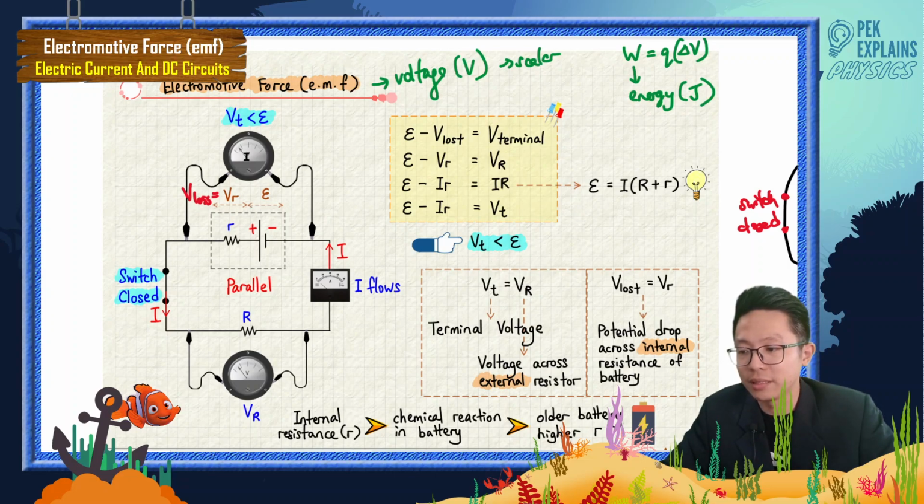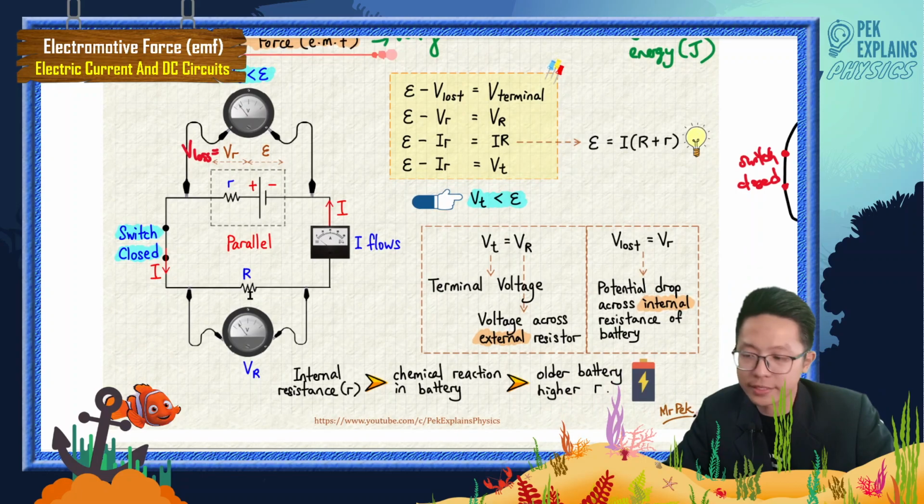Because you connect the voltmeter across the terminals. This is the negative terminal and this is the positive terminal. That's why we call this terminal voltage. Here is the resistor, and we also have another voltmeter connected across the resistor.